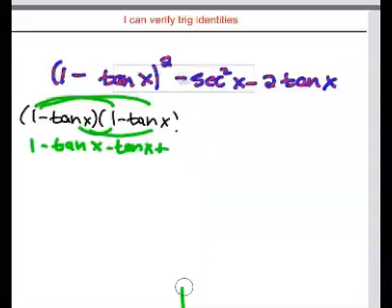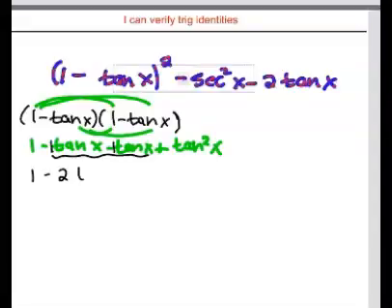Okay, I guess I'm going to erase this here. Tan squared. Okay. These two are like terms. So I'm going to say this is 1, -1, and -1 is -2.